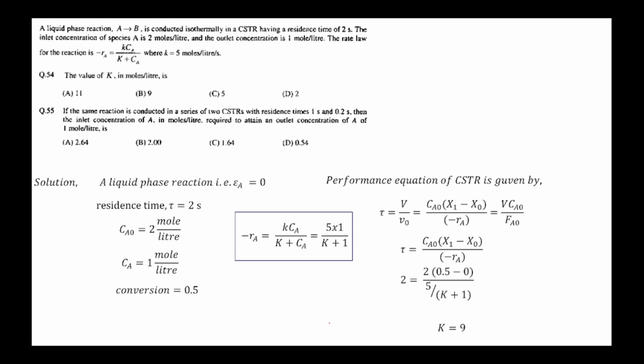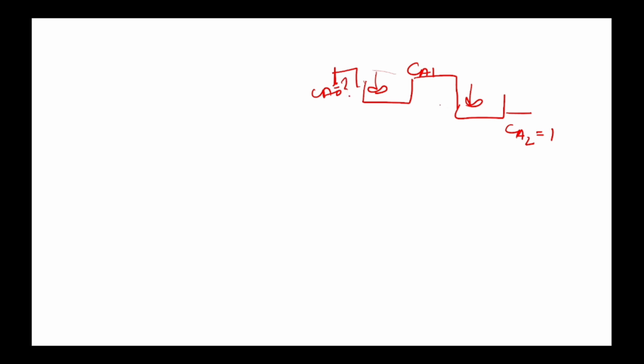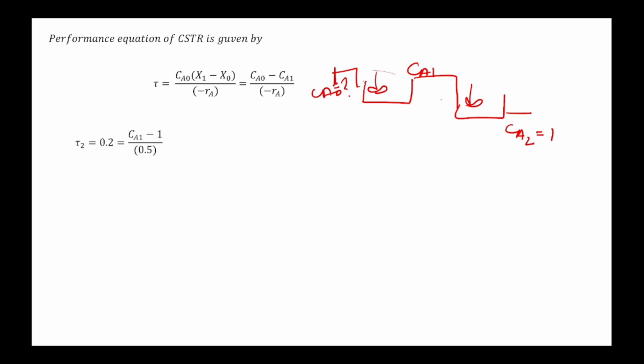Now, in the second question, see this, two reactors. CA2 is 1, and we have to find out CA1 and CA naught. Okay. So the performance equation of CSTR. So this is the performance equation.